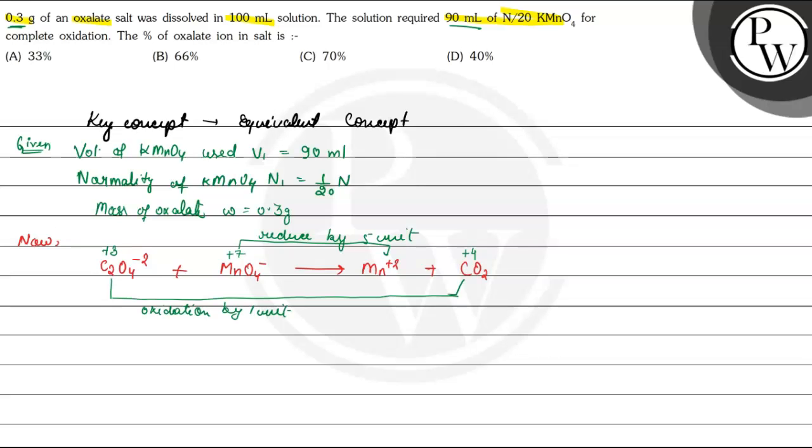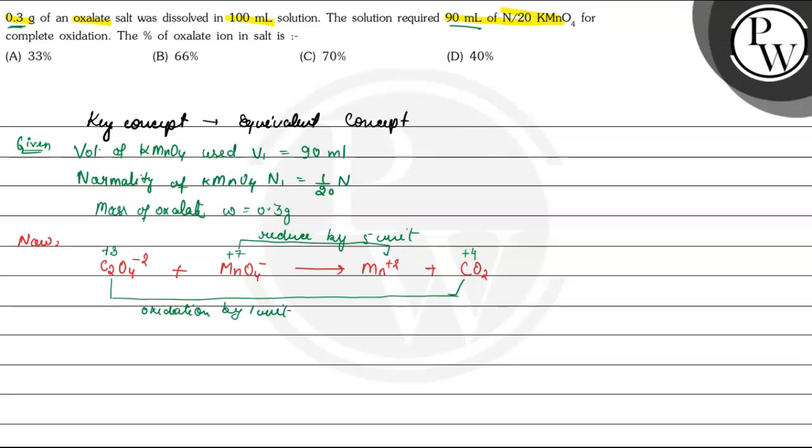Now first of all we have to balance this equation. For that we multiply the carbon containing species with 5 and the manganese containing species with 2, because for one carbon it's plus 1, so for 2 carbons it's plus 2.